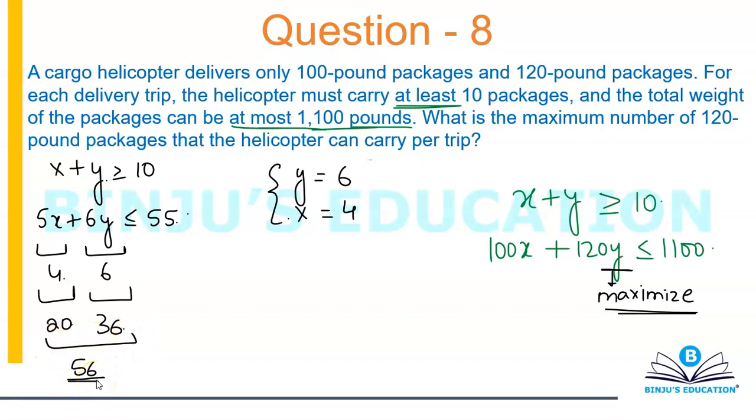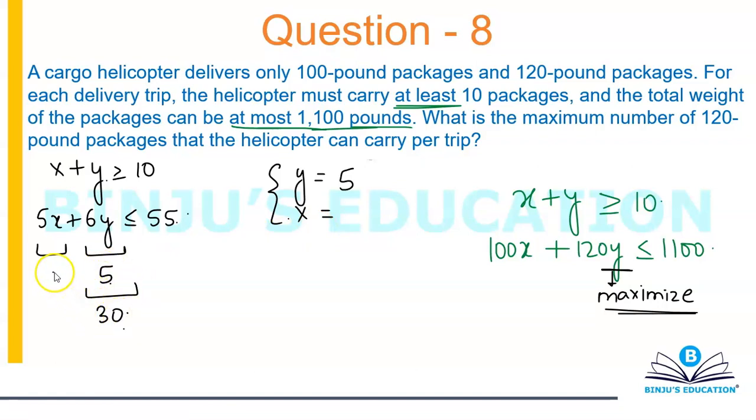Again, this is also not satisfying. Then the next case that I have to take is when y is equal to 5. And I think this will satisfy. When y is 5, then this will become 30. And if x is 5, then this will become 25. And this will become 55. And this is satisfying both the equations.